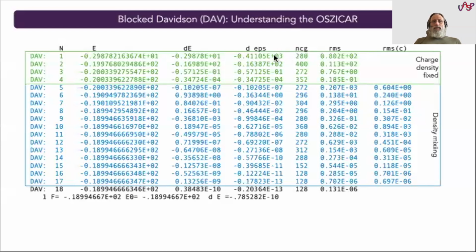The charge density stemming from the orbitals in the first few iterations is really crappy. So it is better to optimize the orbitals somewhat more with a fixed reasonable charge density approximation, which is overlapping atomic charges, before the mixer kicks in.